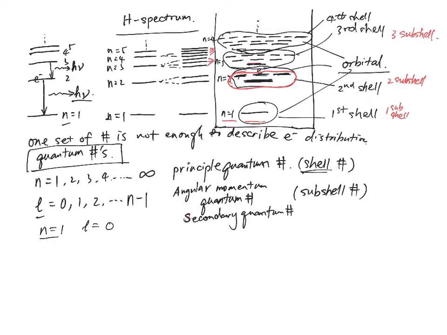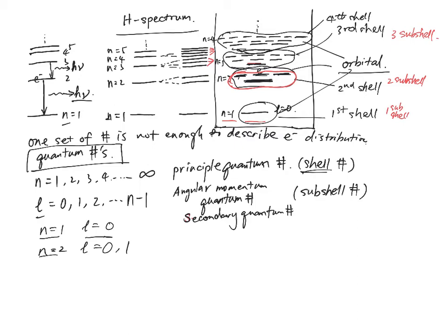In your first shell you only have one subshell, which has L equal to 0. Now, as you go to the second shell, you would have more L values. Starting from 0 all the way up to n minus 1: n is 2, n minus 1 is 1, so 0 and 1. Two different values.